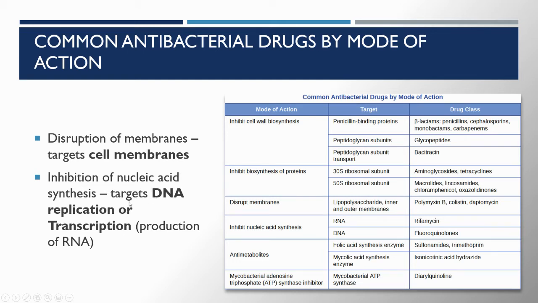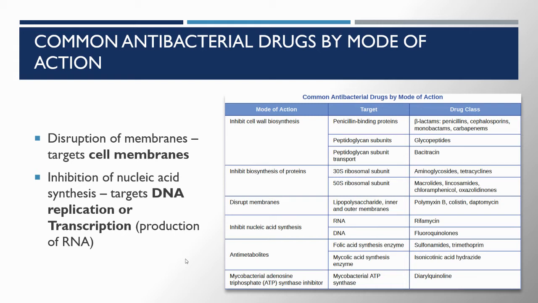Another target is DNA replication or transcription. If we can inhibit nucleic acid synthesis, we keep the DNA molecule, the bacterial chromosome, from replicating or from being used as a template to transcribe RNA, so we don't get any RNA. Without either one of those, the cell can't function. Without DNA replication, cells can't divide.